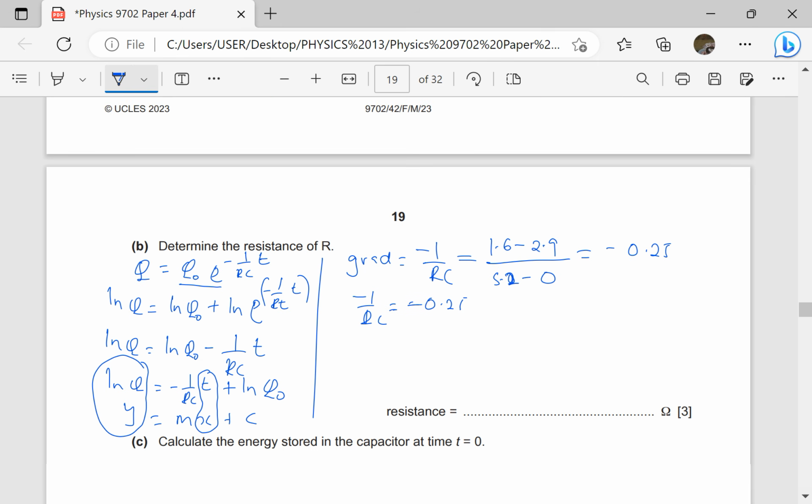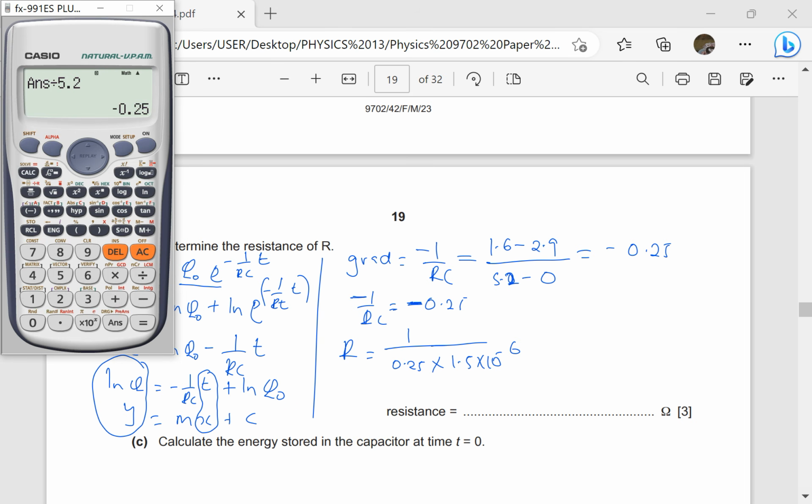All this algebra is a wastage of time. So I'm making R the subject. R is going to be equal to 1 divided by the gradient, which is 0.25, times C. Remember, I have just cross multiplied. The negative has cancelled out. Then I'm making R the subject. C, we have obtained above. It was 1.5 microfarads. This is 1.5 times 10 power negative 6.